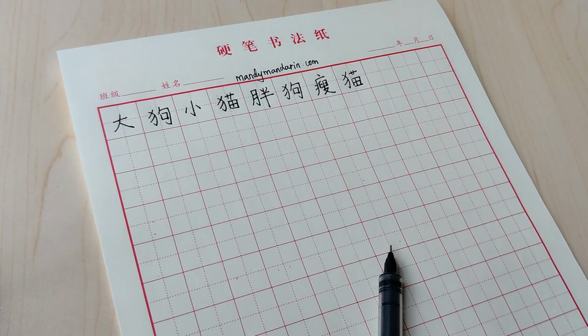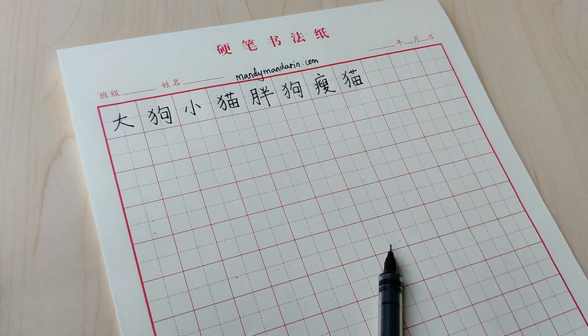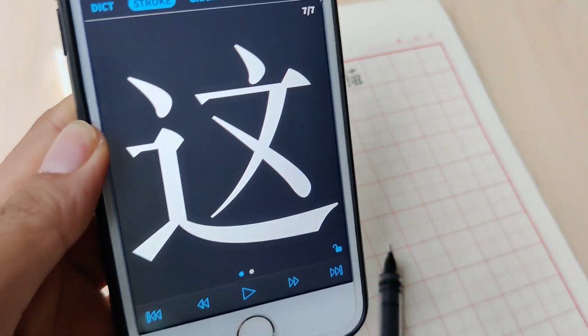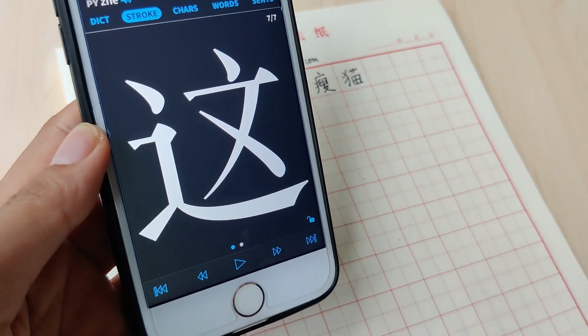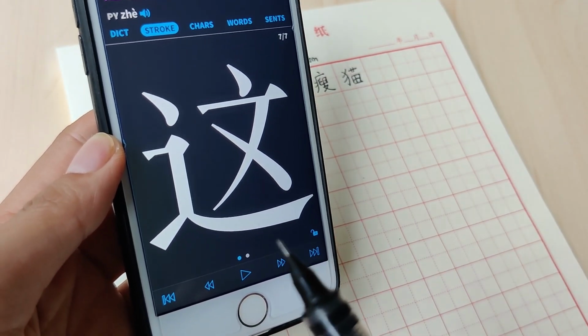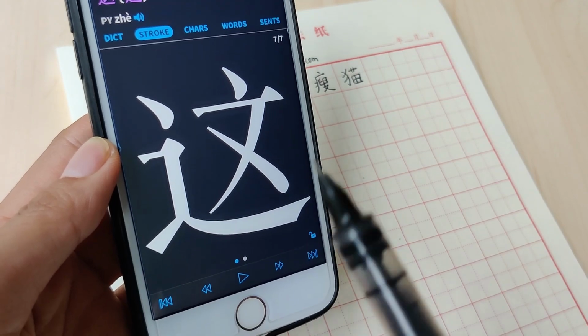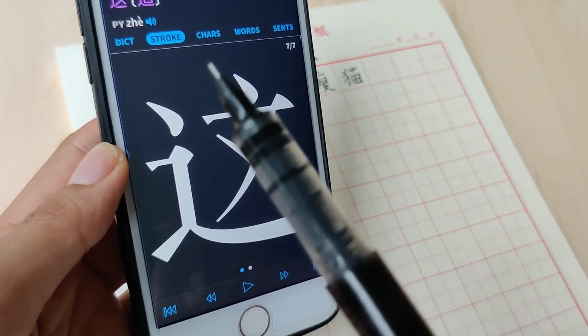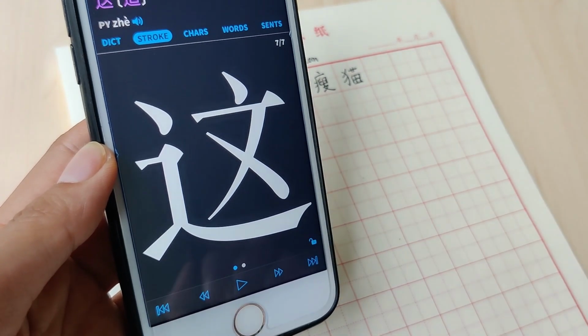Okay, so now we're gonna learn how to write this one. This one is 这个. So this is how we write the 这. So now we have another half surround hanzi. So this is the outside part of it, and this is the inside part of it.